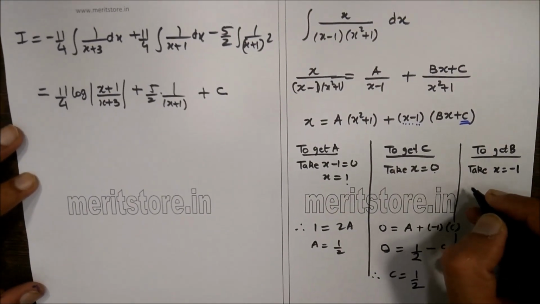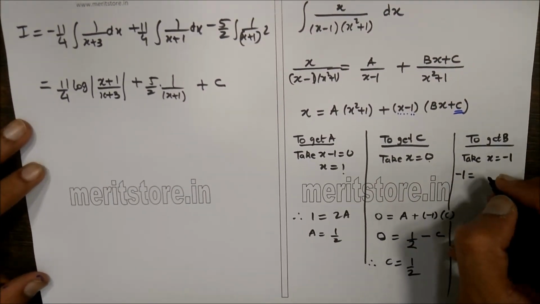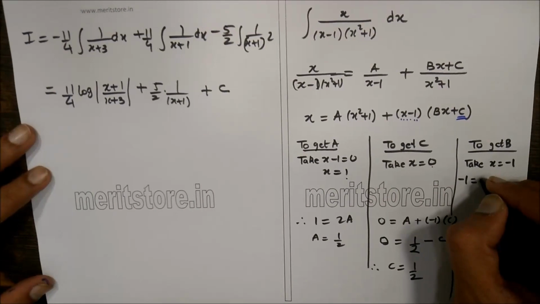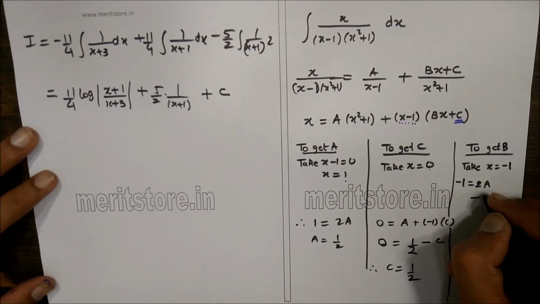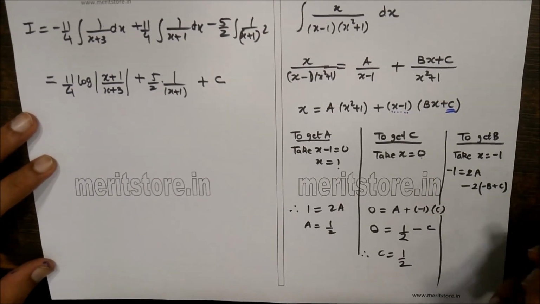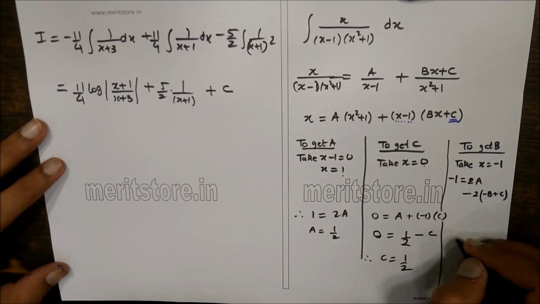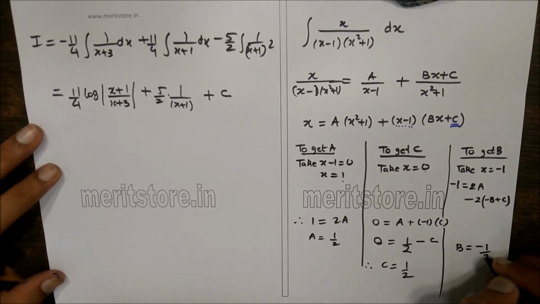Substituting, I'll get the equation as minus 1 equals 2a minus twice of minus b plus c. Simplifying this, I'll get the value of b as minus 1 upon 2.